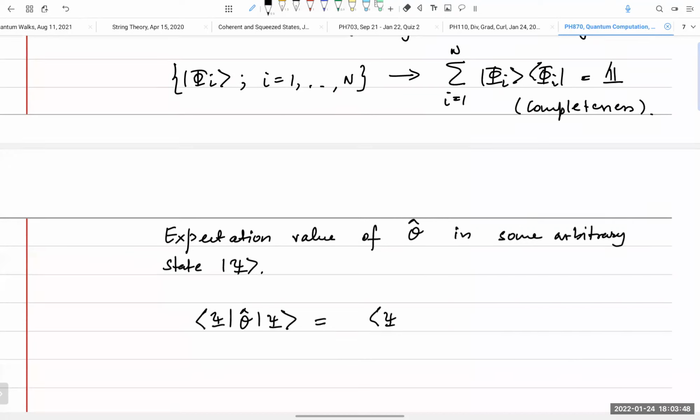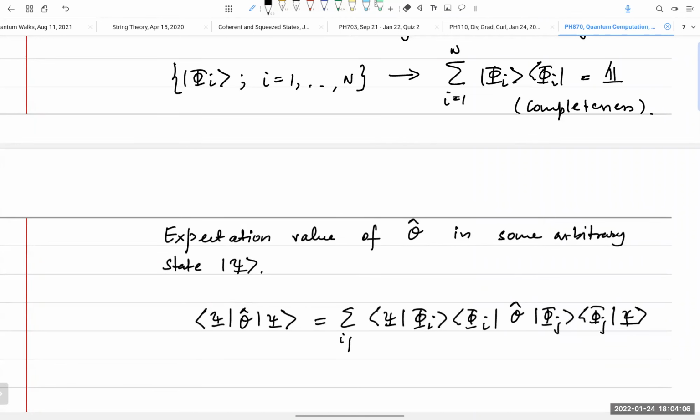I can insert one resolution of the identity here, and a second resolution of the identity after this. And then I'll have a sum over i and j.